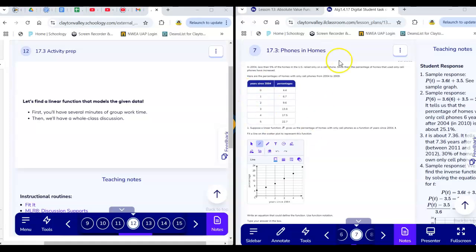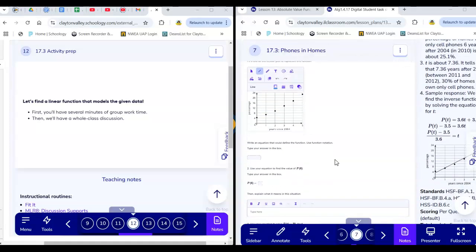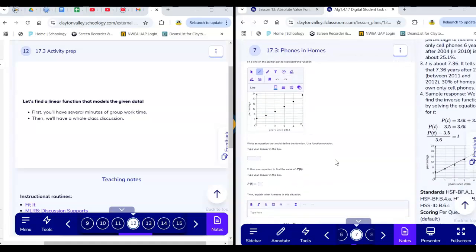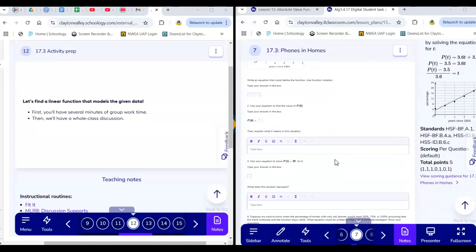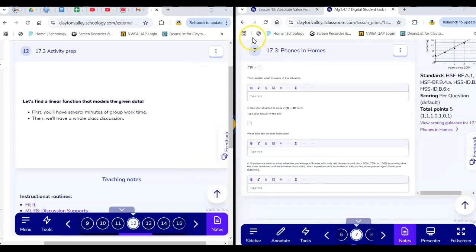So here is the percentage and how it changed. Then they give you a linear function to model this situation, how the number of cell phones changed. Okay, so I invite you to pause the video and try to look at this situation and answer all of these questions. Okay.